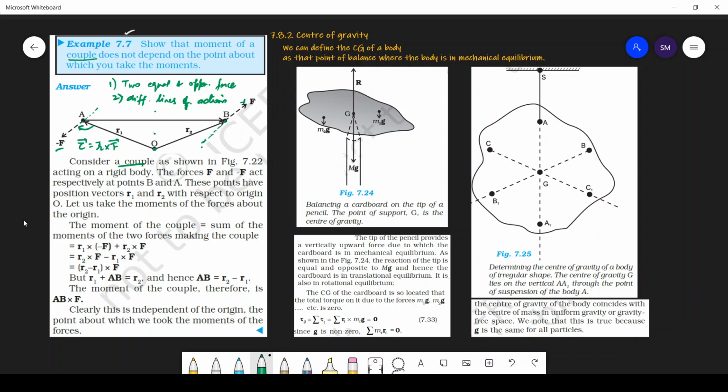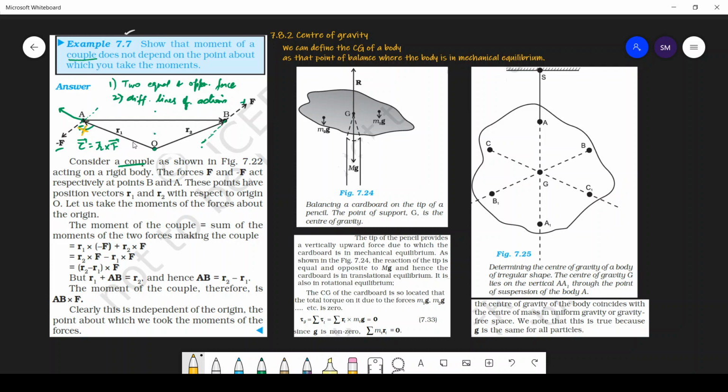And what about this case? Torque at this point B. This is the force, this is your position vector. Here we have to extend this R1. This is the direction of R1, so this is not the direction. What is the first thing that we need to do?